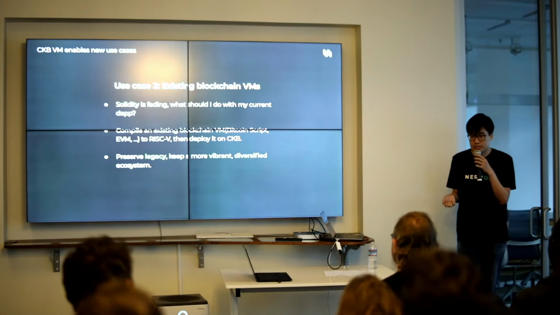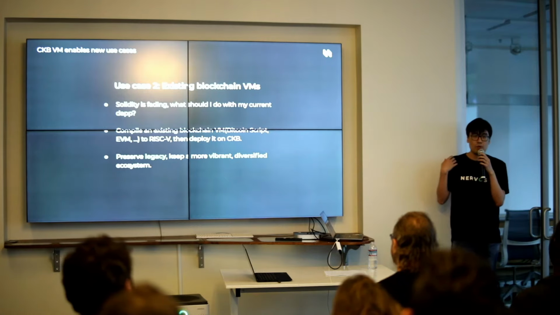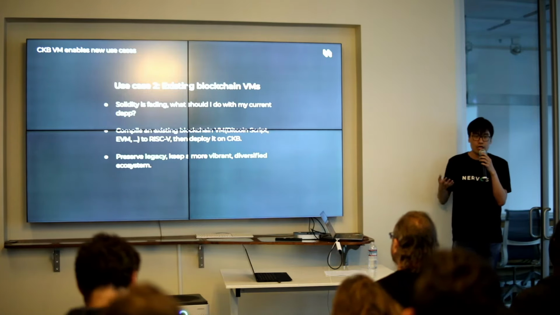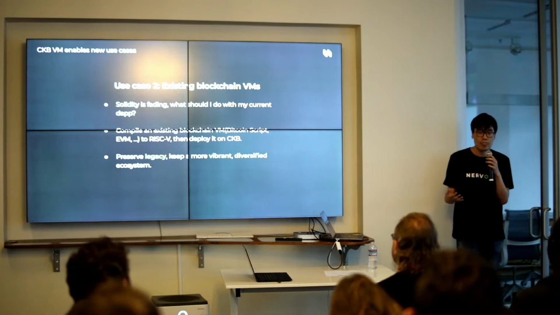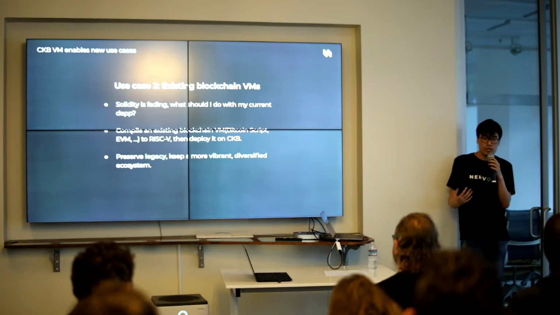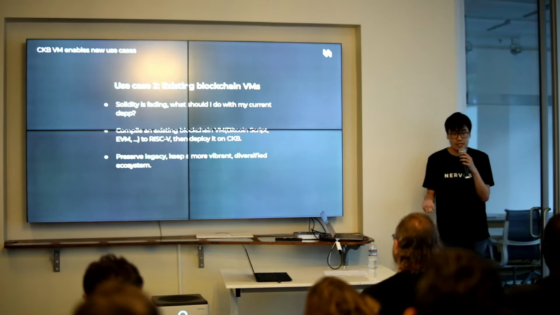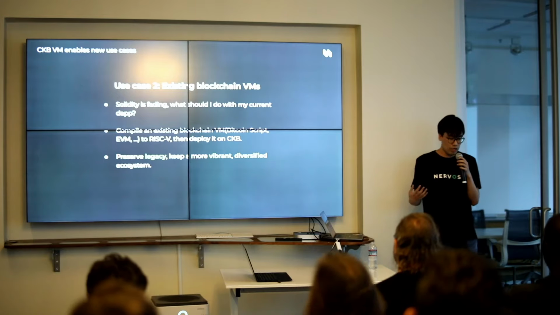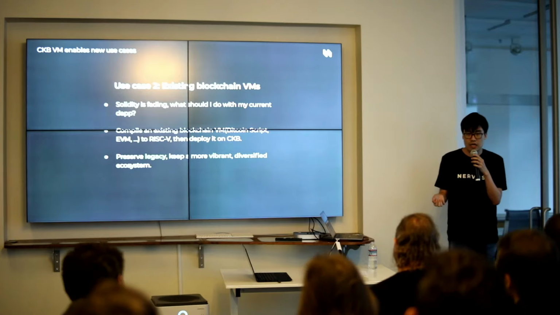If you're working on CKB, the answer is no, because what we can do is that we take an implementation of EVM, or we can also take the implementation of a Bitcoin script VM. We compile the VM directly into RISC-V, then we deploy it on CKB. The result is that you can just run your own EVM code written in Solidity or a Bitcoin script on CKB.